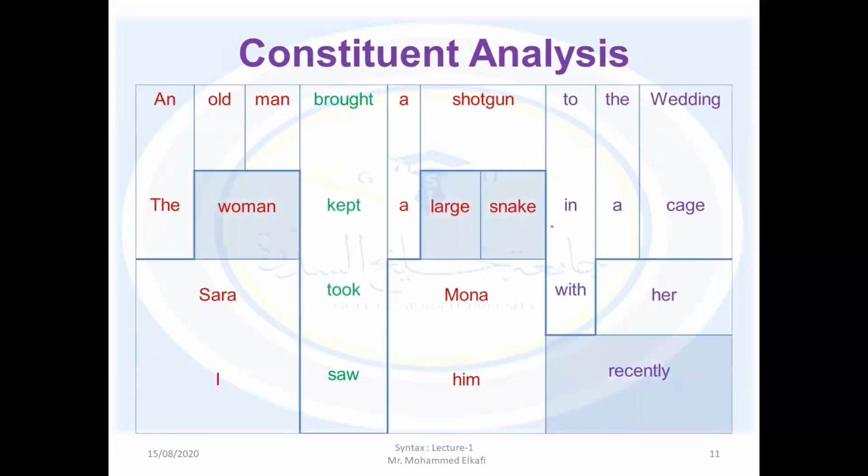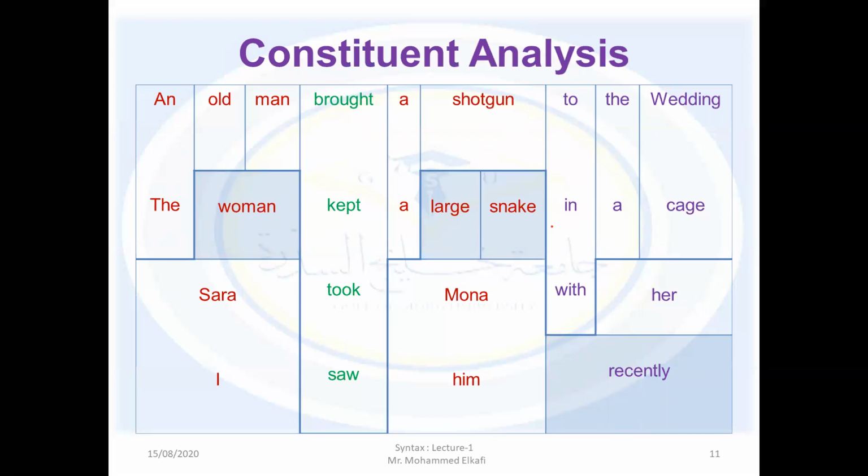So here we have some type of example. We have different words, a group or set of words, which are combined in some way. Some of them have the same function, so they are colored in the same color.